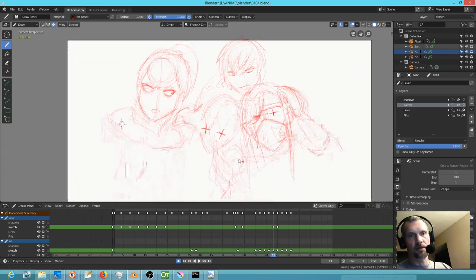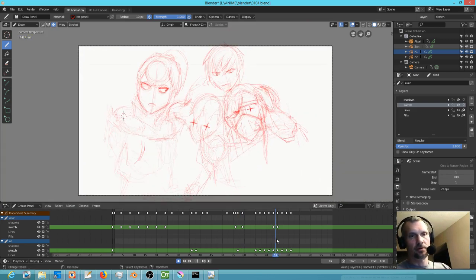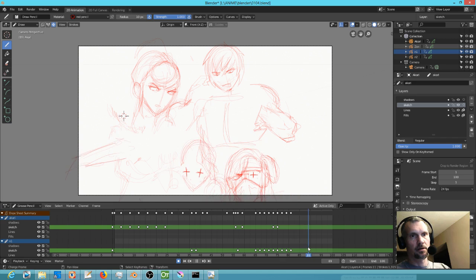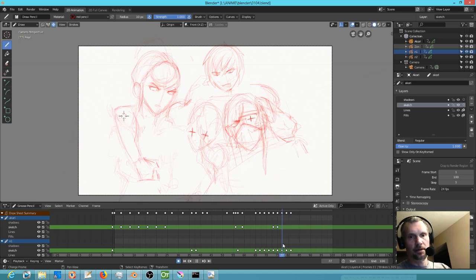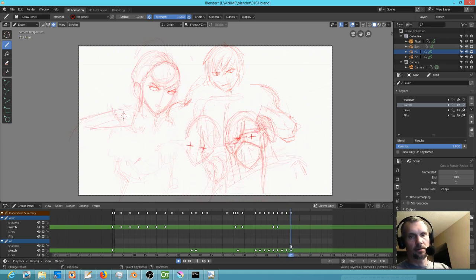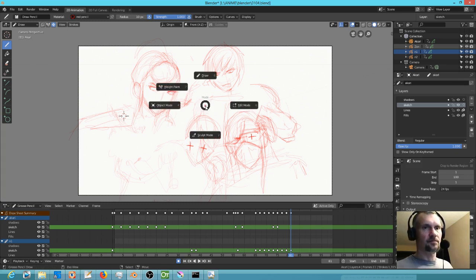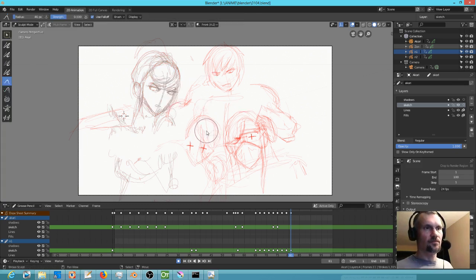Okay, I think we're pretty close to there. Now I'm gonna go ahead and, let's see. Maybe I can do this with sculpting. Let's do sculpt mode. Twist.